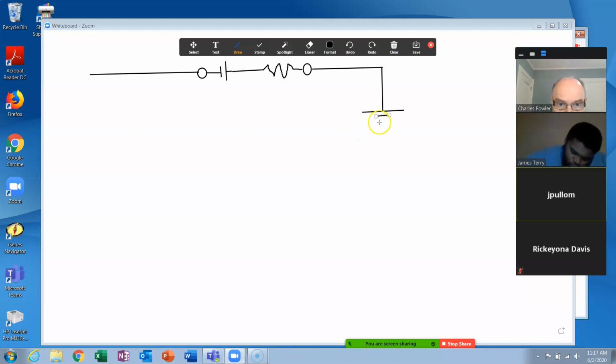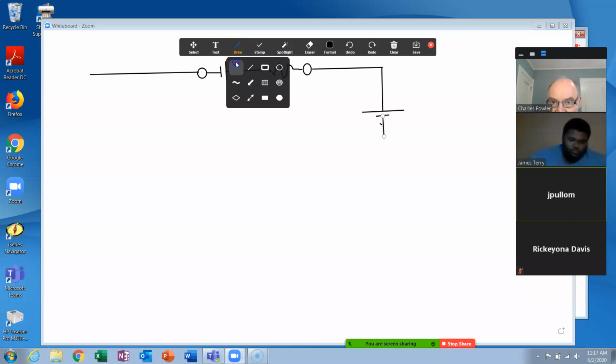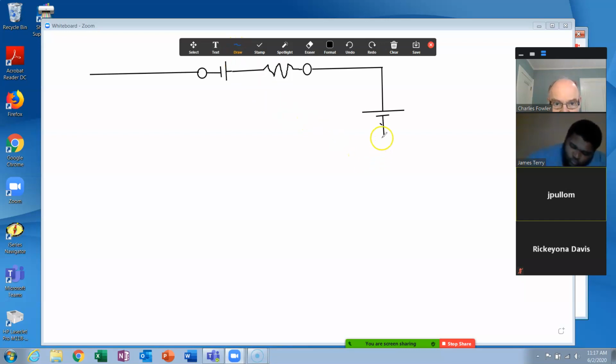And then we'll go another line. Whoa, quit that. Another line here, and go down to another resistor. Now I'm not going to even mess with trying to draw a resistor. I'll freehand it. Okay, there's our resistor, and then we'll do another straight line.